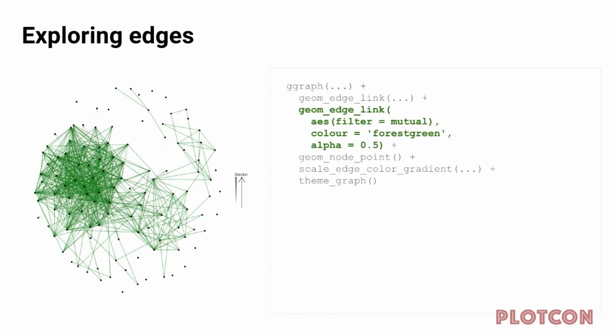And I'm adding another color and so on. And what we get now is a kind of different picture. So it's quite easy to add new layers to your plot and show different relationships. Now we can begin to see that we certainly have a lot of interrelationships in this big cloud of points there. But we also have some other smaller areas where people really seem to know each other and interact a lot.